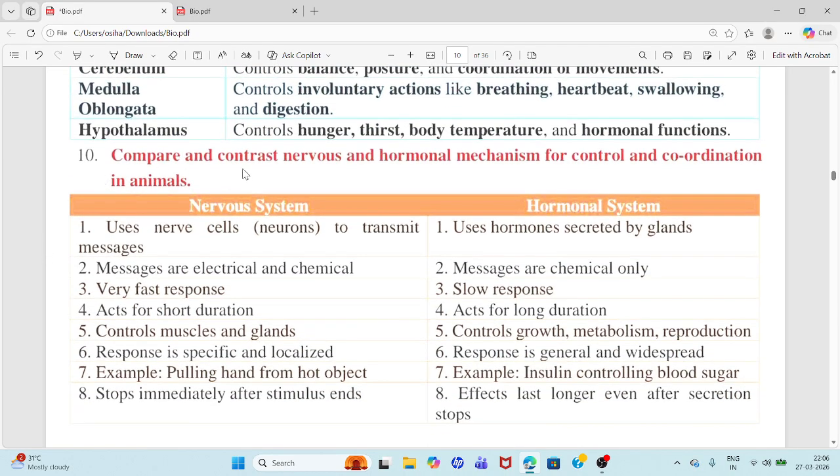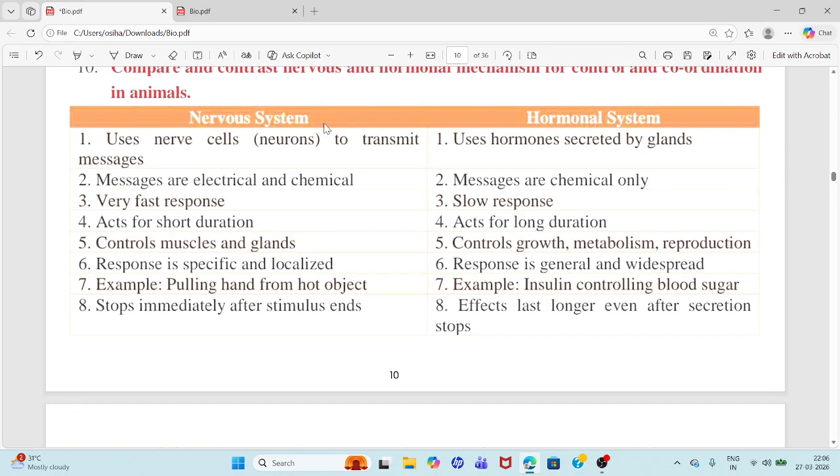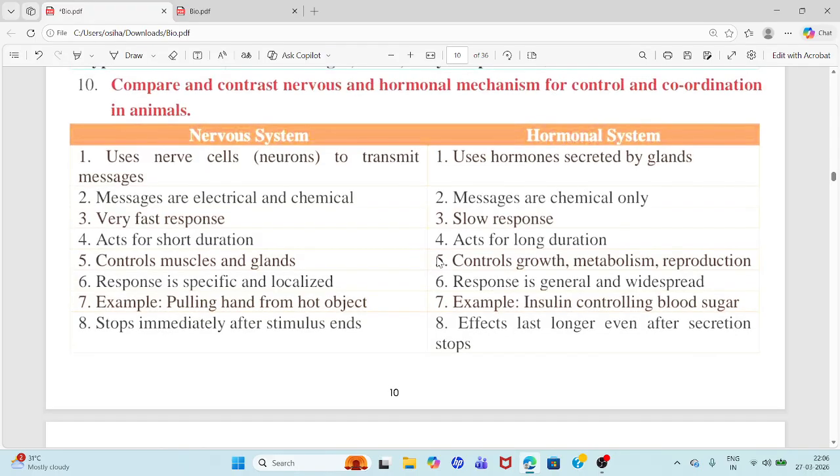10th question. Compare and contrast nervous and hormonal mechanisms for control and coordination in animals. Nervous system, hormonal system. You have to write differences. Nervous system uses nerve cells to transmit messages; here, hormones are secreted by glands.